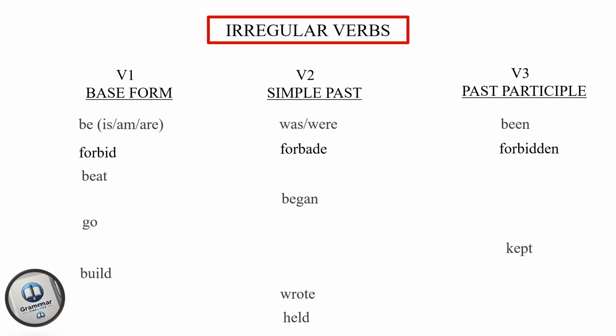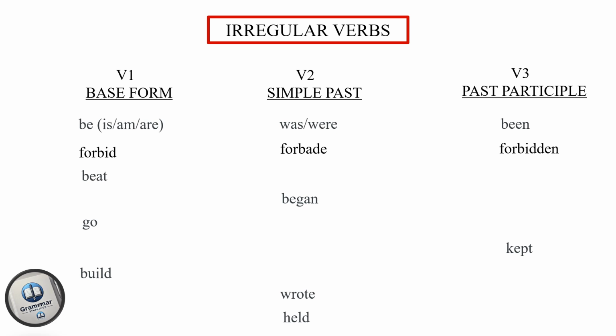If there is a verb be, which means is, am, are, then in the past tense the be will become was, were. In the past participle, you'll use been. Then in irregular verbs, the entire spelling and form will change compared to regular verbs.